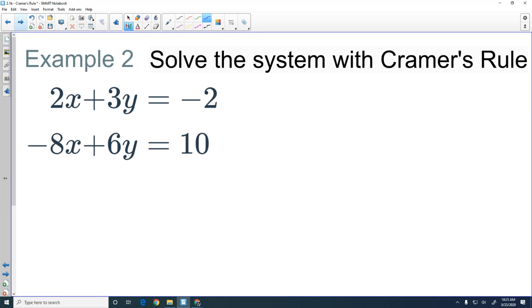So go ahead and write these two equations down, and we're going to use Cramer's rule to solve them. So 2x plus 3y equals negative 2, and 8x plus 6y equals 10.